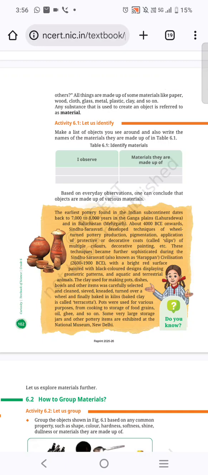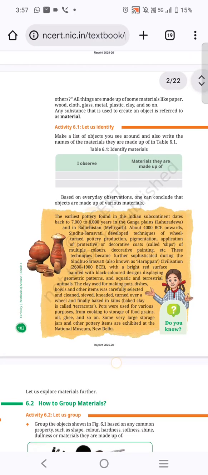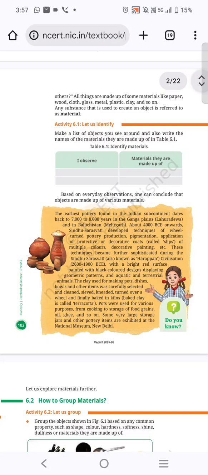All things are made up of some materials like paper, wood, cloth, glass, metal, plastic, clay, and so on. Any substance that is used to create an object is referred to as a material. This means that any substance which helps us make an object, like wool helps us make clothes. So wool is a material.